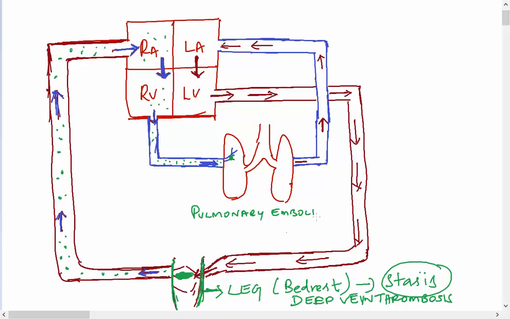Understand? So in the pulmonary emboli, they are blocking the blood vessel, right? So it should produce ischemia, right? But another good thing in the lung is that the lung has another blood supply.